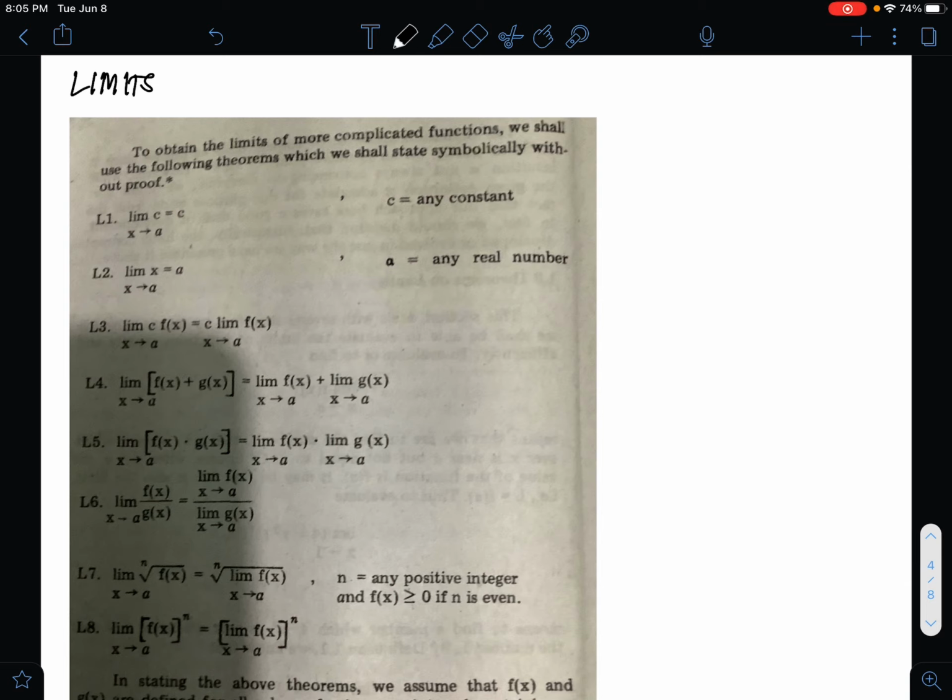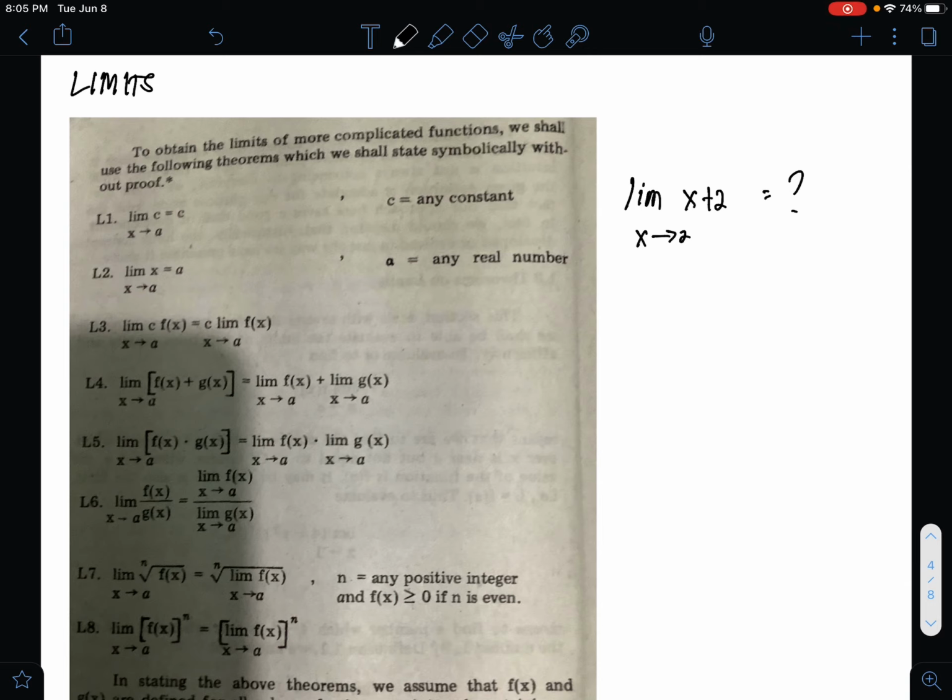So if you are given the limit, for example, of x plus 2, how do you read that and what is the equivalence for that one? Okay, so first is how do you read that?